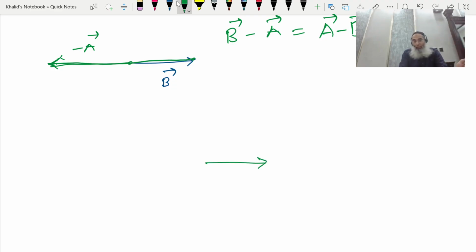For example, this is the vector A. It's a force, force F1, and the second force is making an angle theta. This is the result.